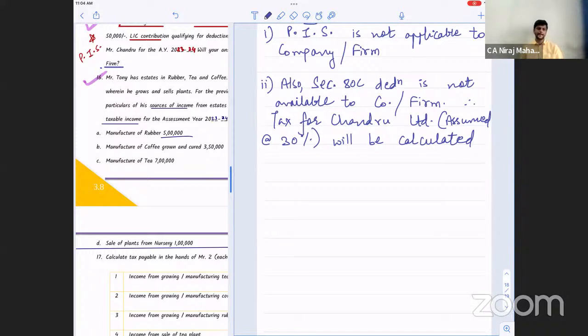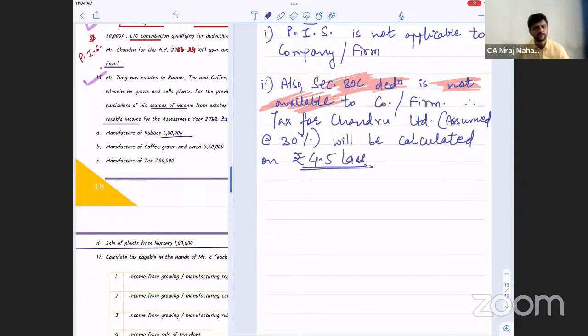What do you think? Just now I said, bacho, this is not available to company or firm. So we'll take entire business income of 4.5 lakhs because that 80C is not allowed.